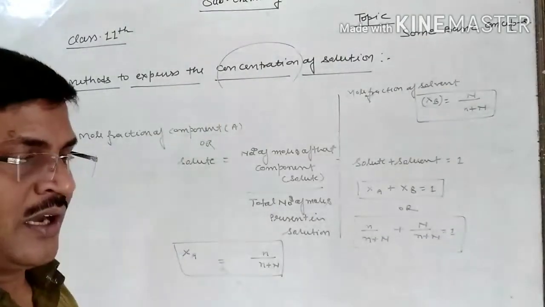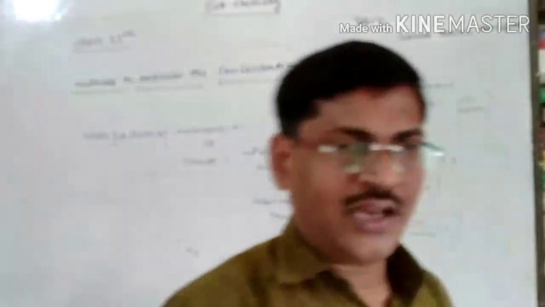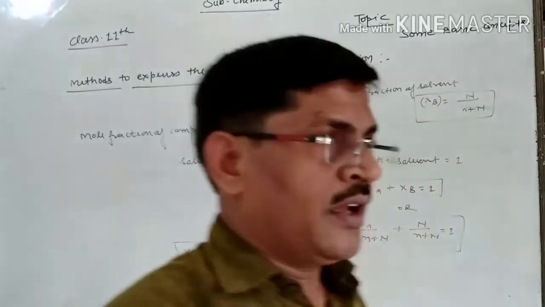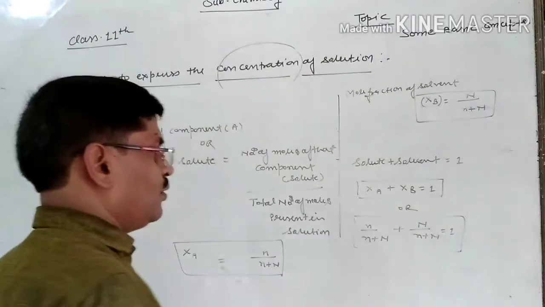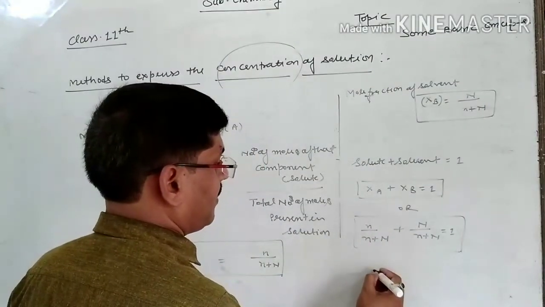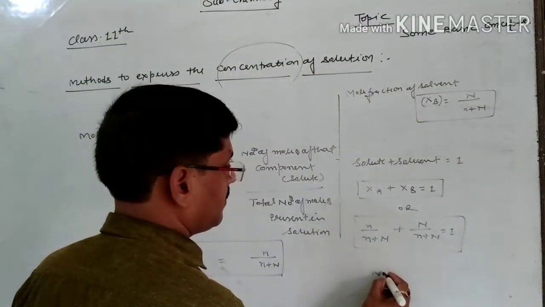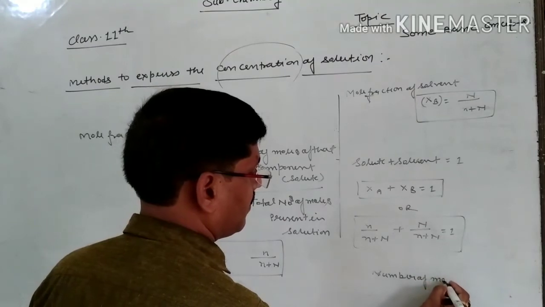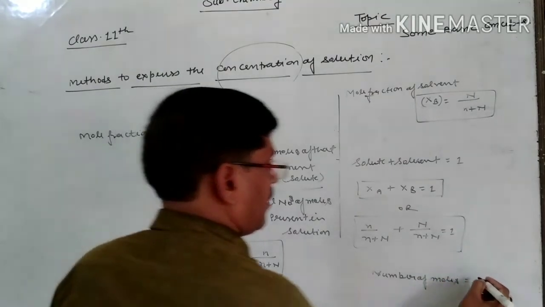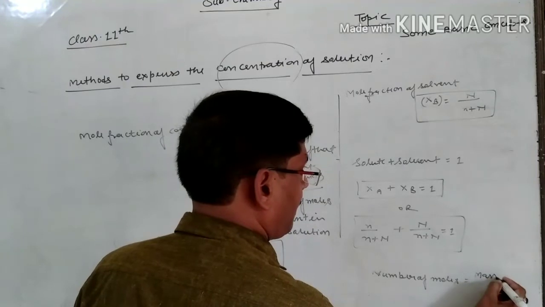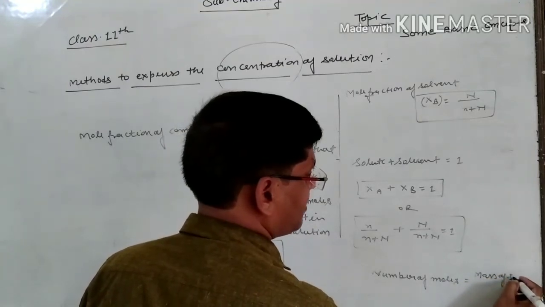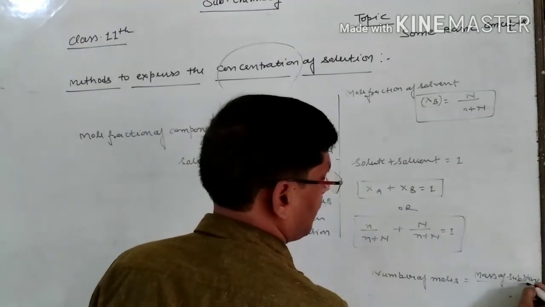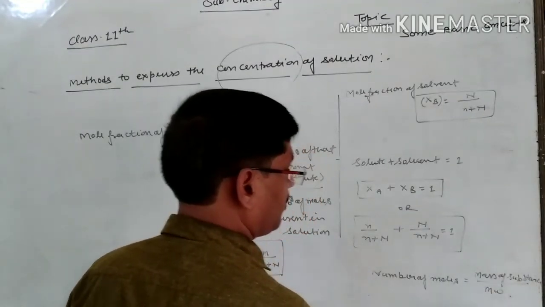One thing all of you know: small n and capital N are the number of moles of solute and solvent. If you have to find number of moles, you know the formula: number of moles is mass of substance upon molecular mass, MW.